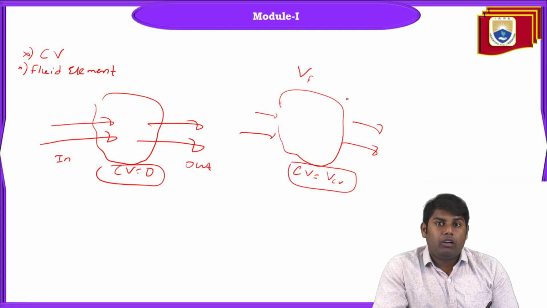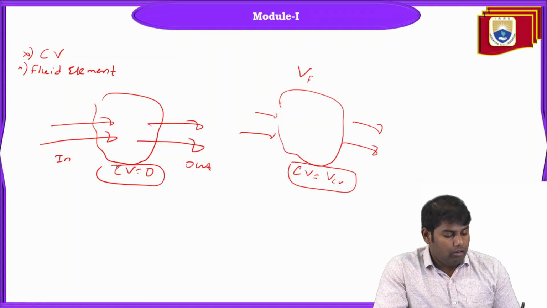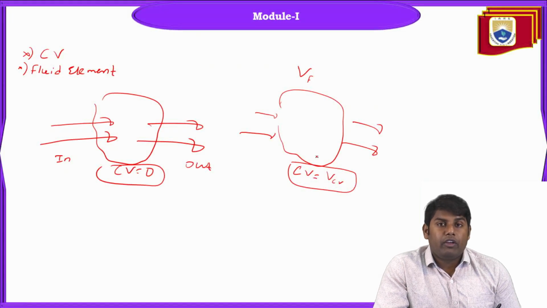When the control volume is stationary, we have VCV equal to 0. The fluid comes in, the fluid goes out. When the control volume is moving with respect to the fluid flow, that relative velocity has to be taken to derive the governing equations of continuity, momentum and energy.